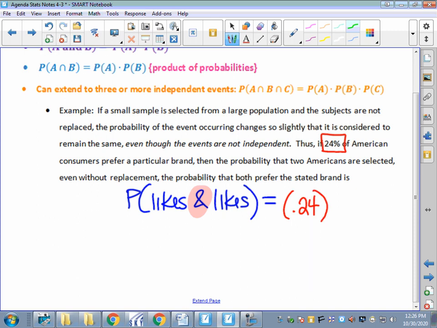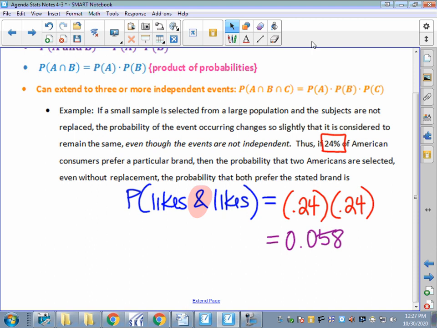The first one is 0.24. The second one is 0.24. Because it's such a large population and we're picking a tiny number out of them, we don't worry about the without replacement. So keep that in the back of your mind if you've got a really large population. I believe that calculates out to something like 0.058, so the probability that they both like that kind of toilet paper is about 6%.